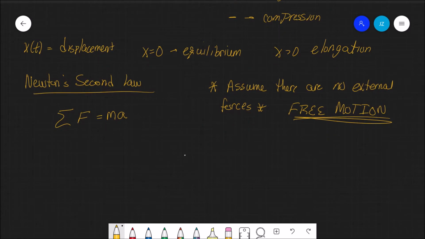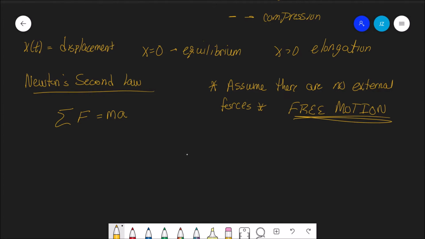So, what we're going to wind up with is M times A, which is M times x double dot. This will have to equal mg minus k times (x plus s).